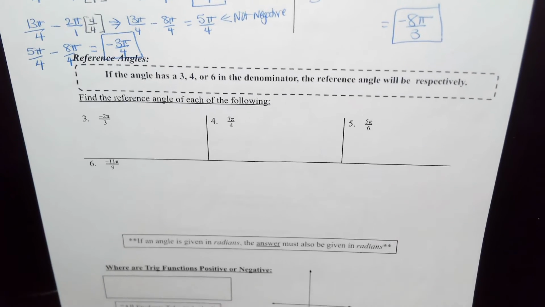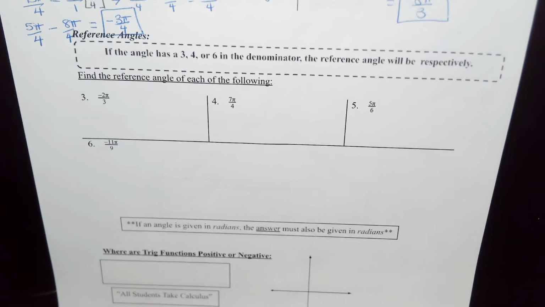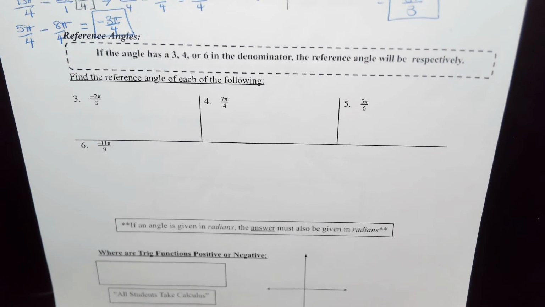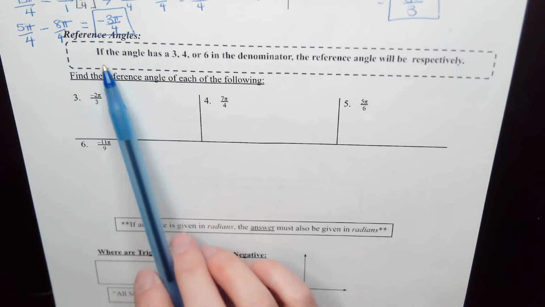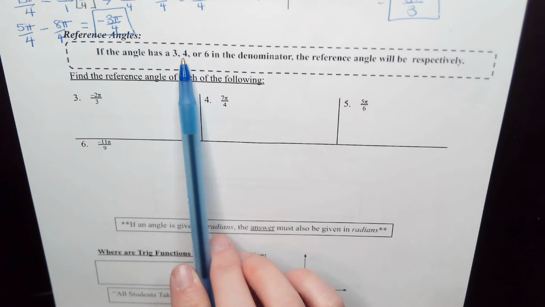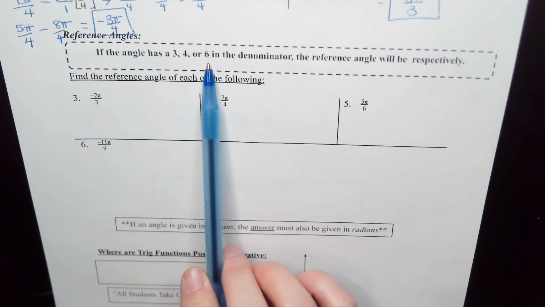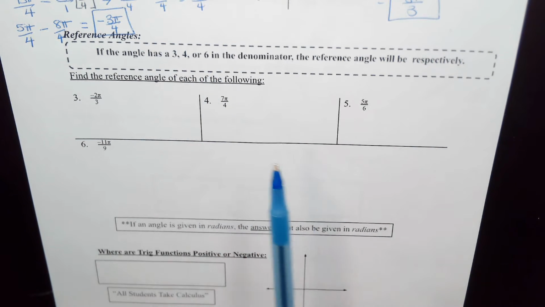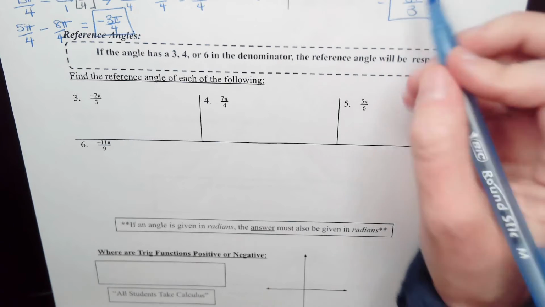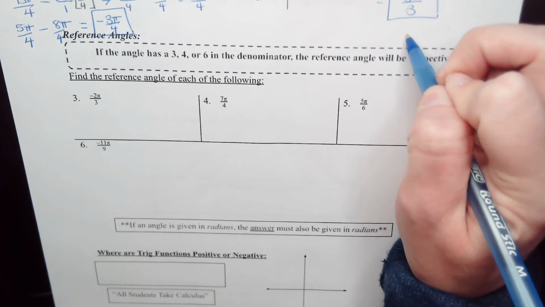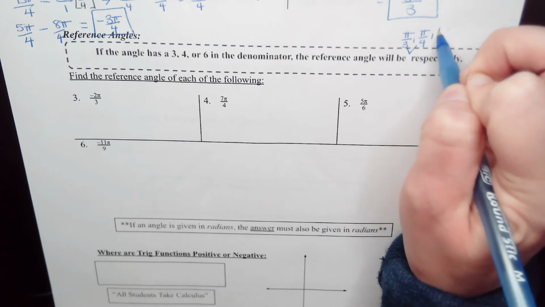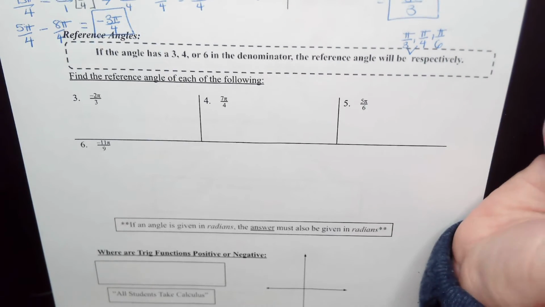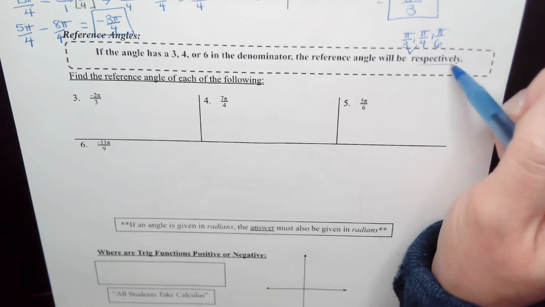All right. Next, moving right along, talking about reference angles again. With radians and reference angles, if your angle has a 3, a 4, or a 6 in the denominator, then the reference angle will be pi over 3, pi over 4, and pi over 6, respectively, which just means in that same order.